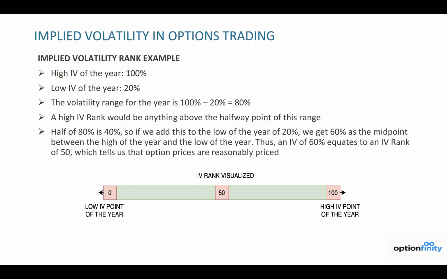Now, when the IV rank is at or near 100, your risk is much, much higher because you're paying a massive premium over the long run average price of the option, right? And conversely, when the IV rank is much, much lower, let's say around an IV rank of 10, for example, that's where option prices have never been cheaper, right? And there may be a reason why they're very, very cheap. Again, research may be required if that's the case, right?